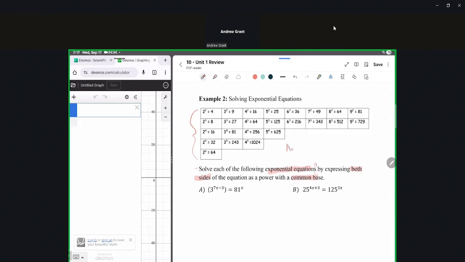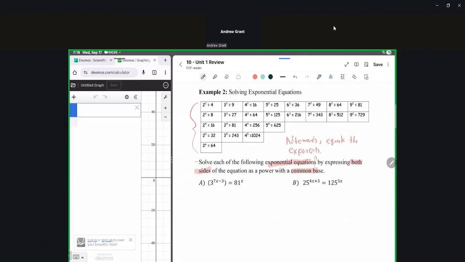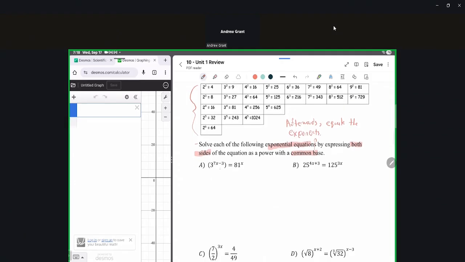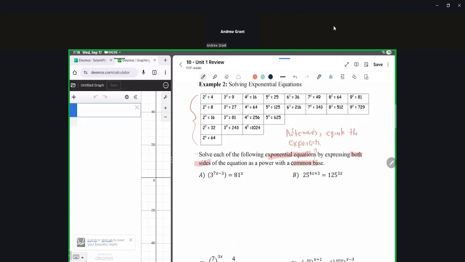So what we'll do is afterwards, we will equate the exponents. Okay, so for letter A, we have 3 to the power of 7x minus 3 is equal to 81 to the power of x. So you see that 81 there is the same thing as 3 to the power of 4.